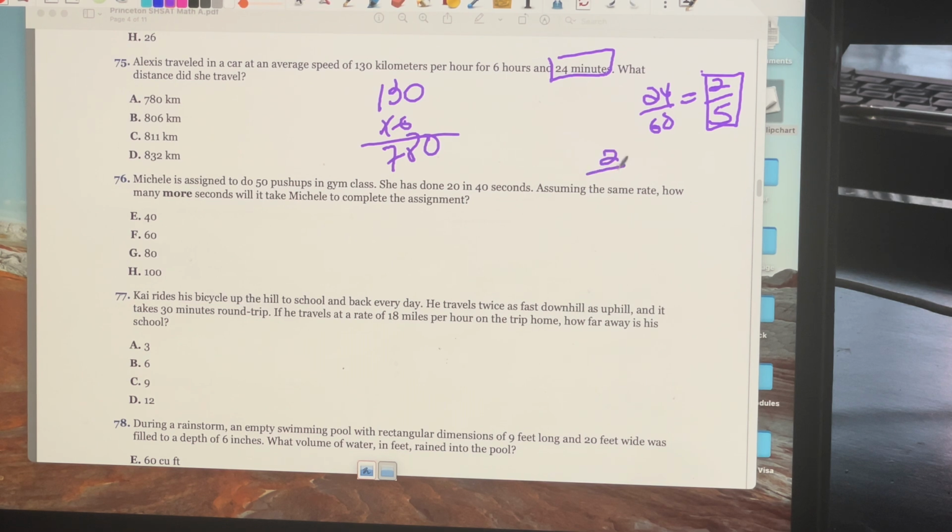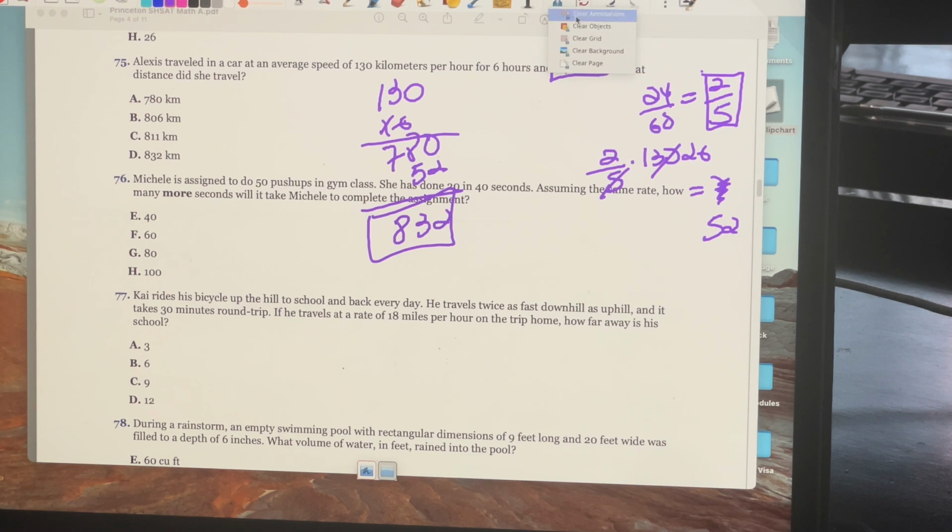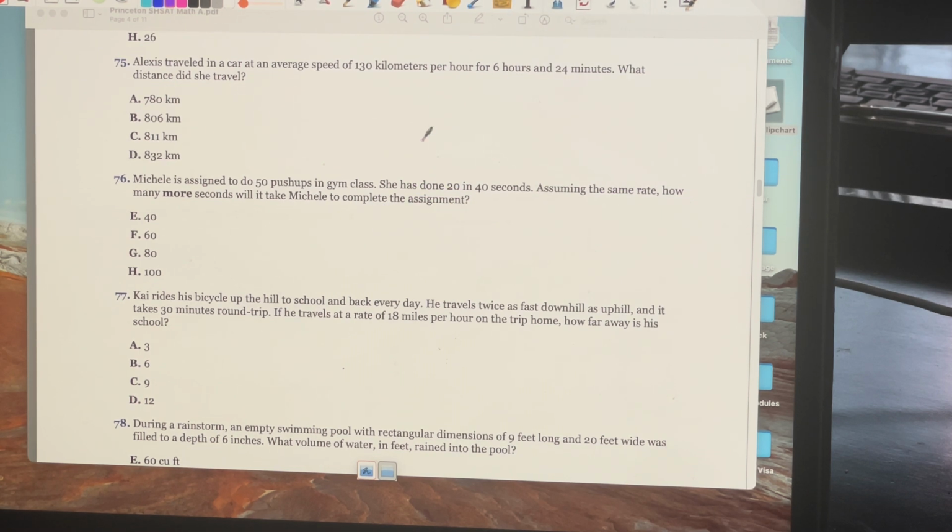I don't know if that's easier for you to do. So again, this is 26. 26 times 2 is 52. And then add the 52 over here, and you get 832. However you want it. Nobody's going to check your work or how you got your answer. So it's whatever gets you there correctly.